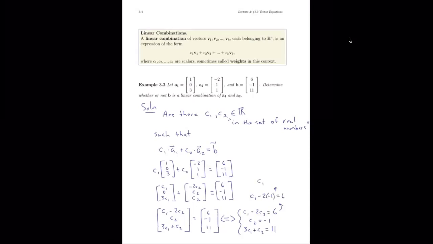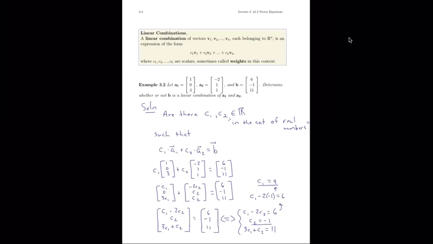So subtract 2 from both sides. C1 is 4. So this suggests that for the constants C2 equals -1 and C1 equals 4, there is a linear combination, that we could produce B by combining A1 and A2 with these two multiples respectively against them.